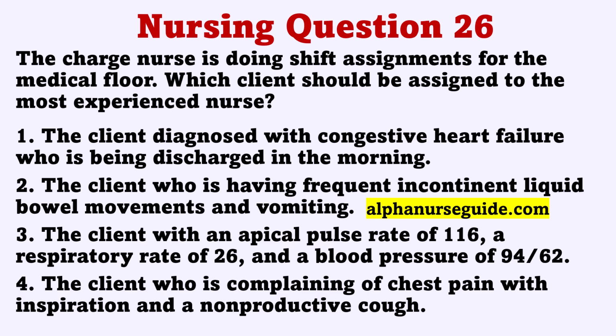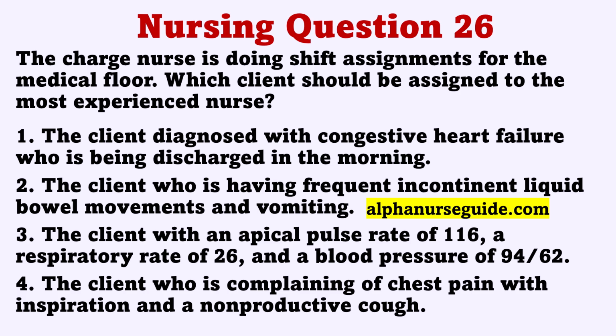The correct answer is 3. The client with an apical pulse rate of 116, a respiratory rate of 26, and a blood pressure of 94/62. The client in option 3 is exhibiting signs and symptoms of shock, which makes this client the most unstable. An experienced nurse should care for this client. The client in option 1 is stable because discharge is scheduled for the following day.